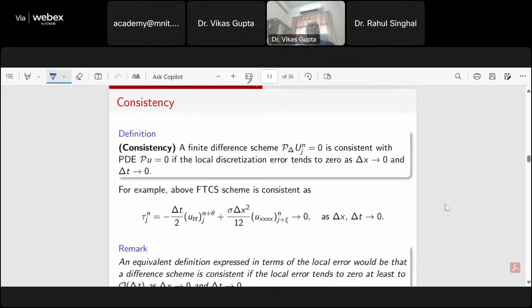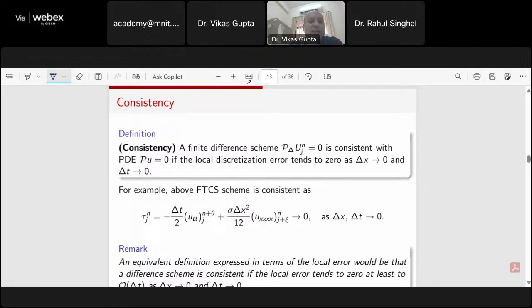Now I already said that a difference operator or difference scheme P delta U jn equal to 0 is consistent with the given PDE, PU equal to 0, if the local discretization error tends to 0 as delta x approaches 0 and delta t approaches 0.